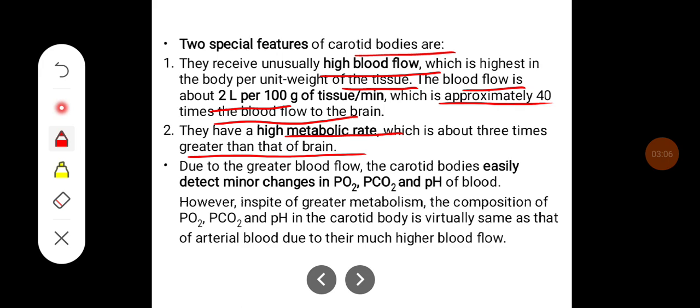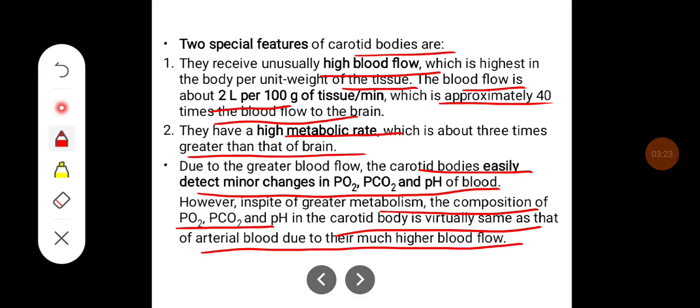Due to the greater blood flow, the carotid bodies easily detect minor changes in PO2, PCO2, and pH of blood. However, in spite of greater metabolism, the composition of PO2, PCO2, and pH in the carotid body is virtually the same as that of arterial blood due to their much higher blood flow.